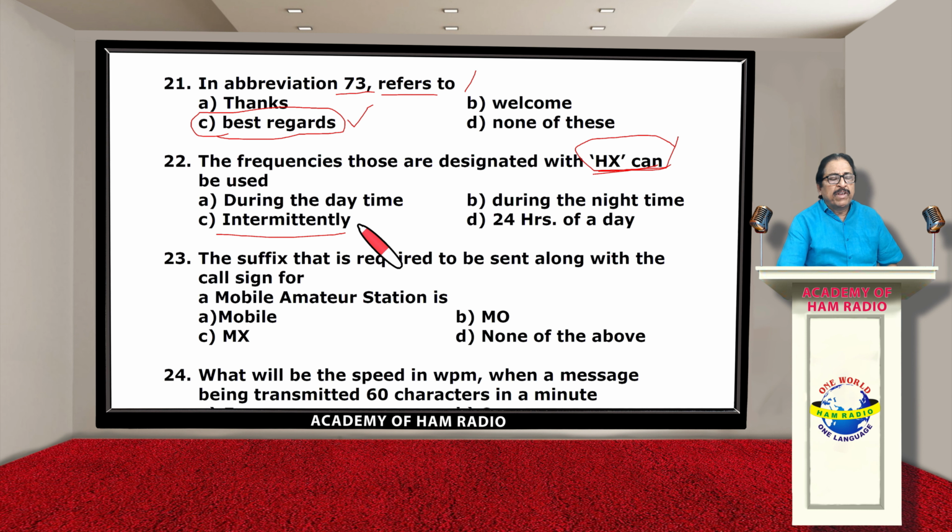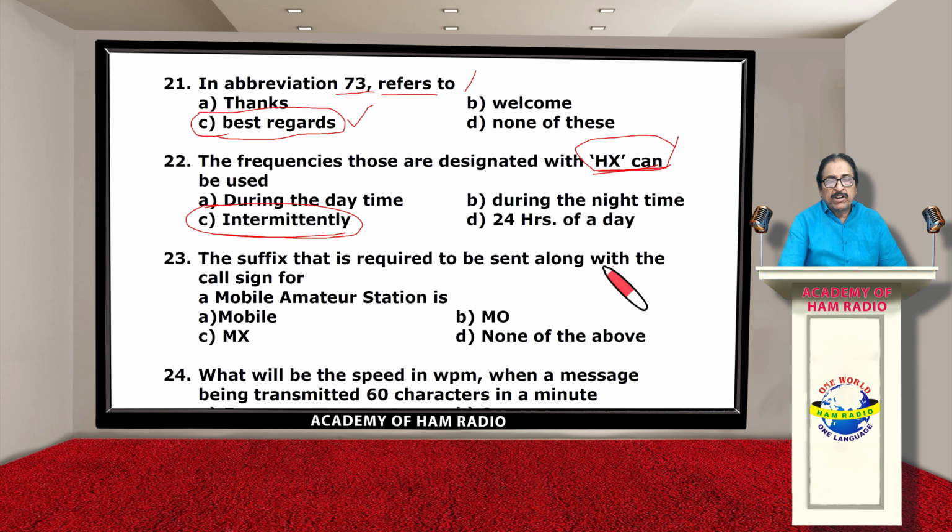H24 means 24 hours. During daytime means HJ. Night time means HN. Here in this case, intermittently. So the answer is Charlie.